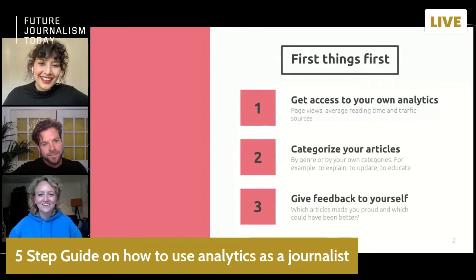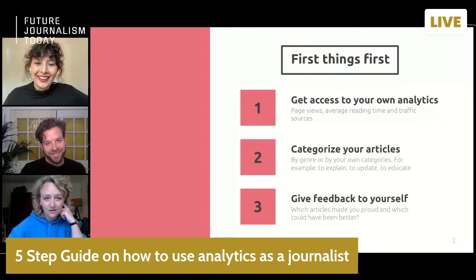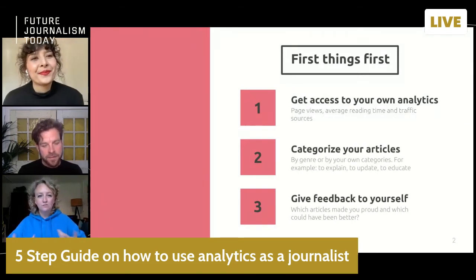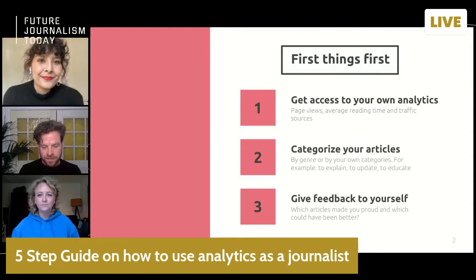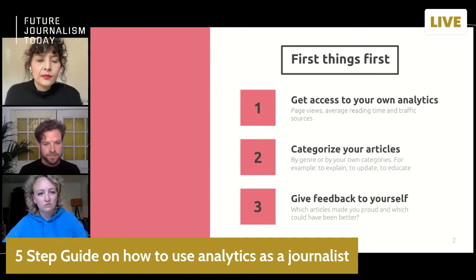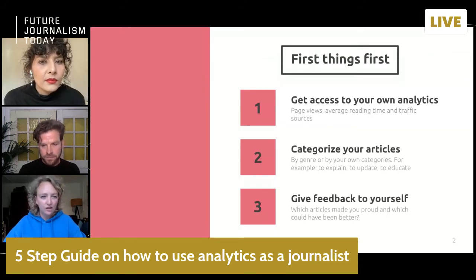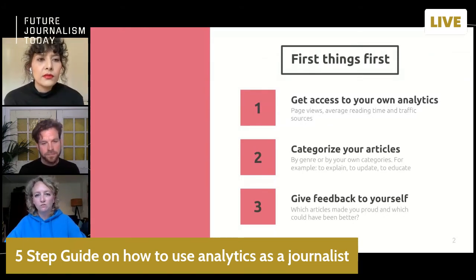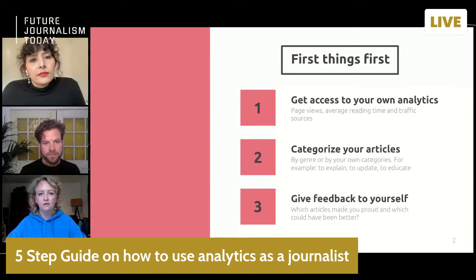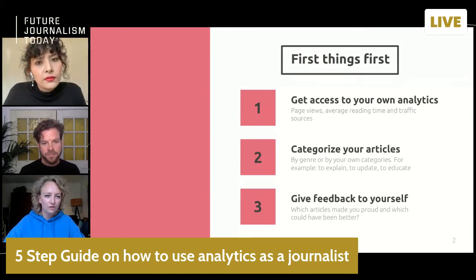Right. Okay. So first things first, you have to get access to your own analytics. At NRC, we use Parsley, the individual Parsley, right? Parsley, yeah. So they can see which articles get read best and which don't, and through which channels the readers come to their articles. So you should gather the page views, and then also the average reading time, because page views don't say everything.